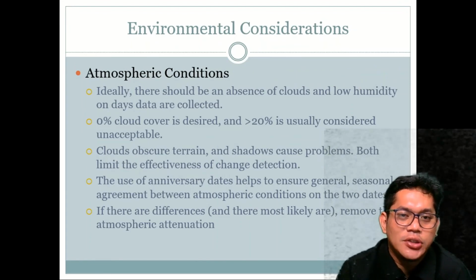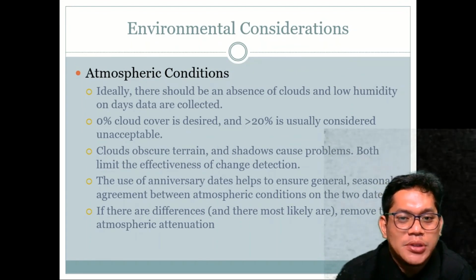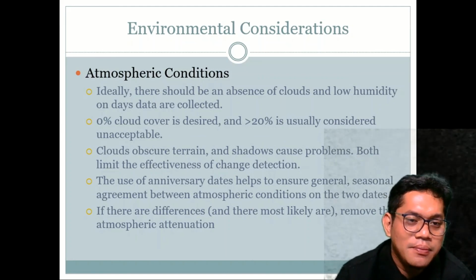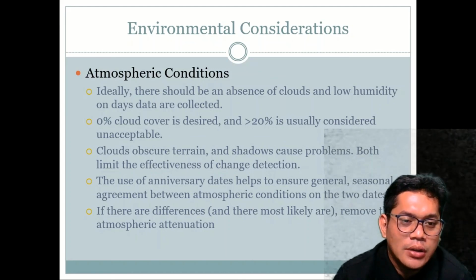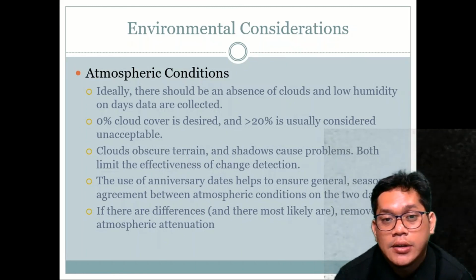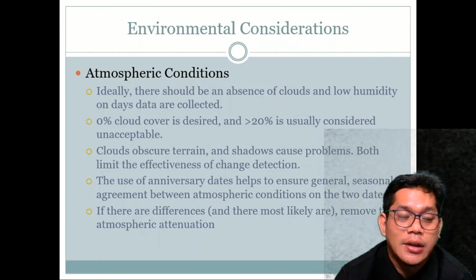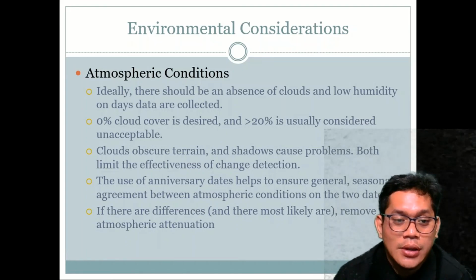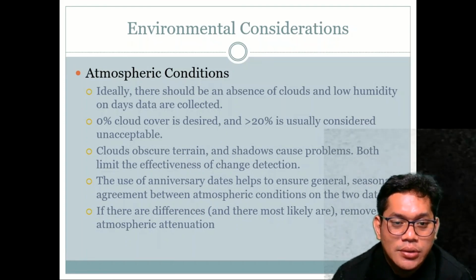So for atmospheric conditions, there should be an absence of cloud or low humidity, but it's quite difficult for us in Malaysia because we are within an area that is mostly covered by clouds 24/7, and clouds obscure the targets and shadows will cause problems.